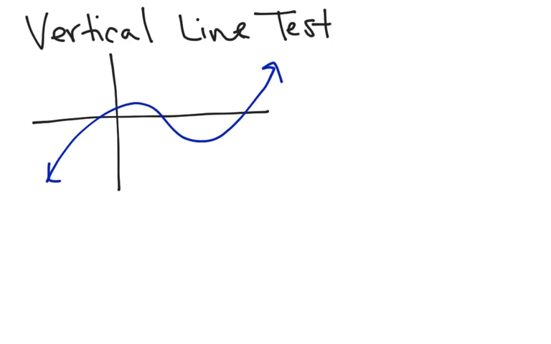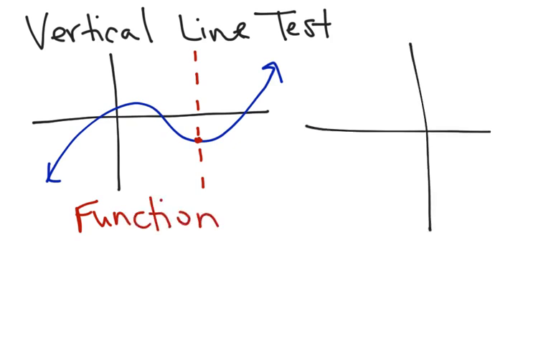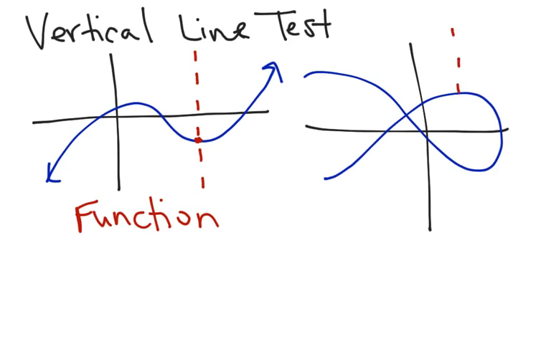If you can take a vertical line and put it anywhere on the graph, and it never touches the curvature more than one time, then it's a function. However, if you can draw a graph and you can take a vertical line and touch more than one location anywhere on the graph, not a function.